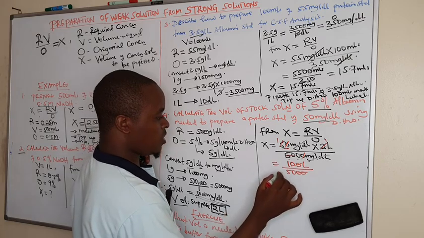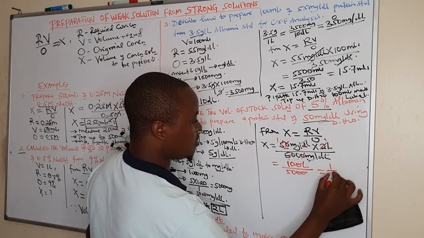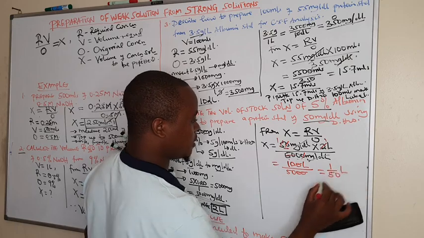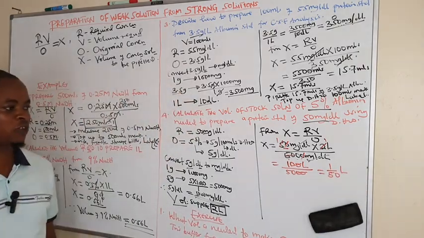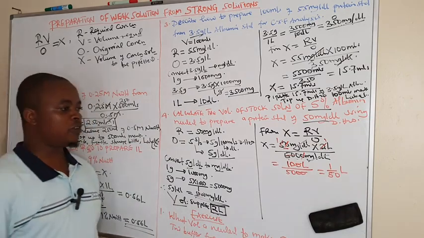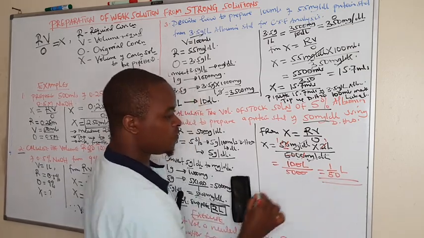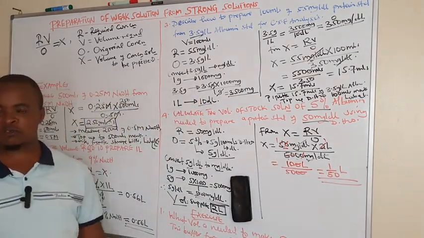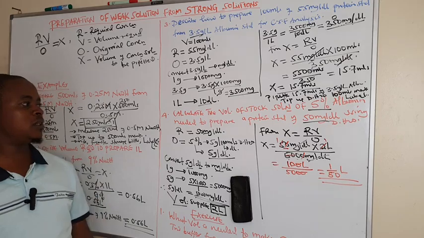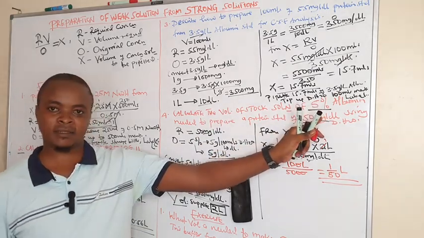I remain with 1 divided by 50 liters. If you put it on a calculator, you can easily get the real volume in decimals, but since I don't have my calculator here, I can leave it at this. So this is the volume of the stock solution, 5%.